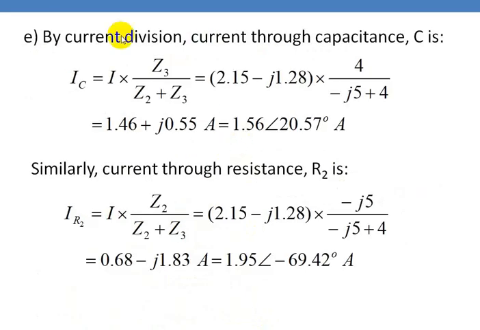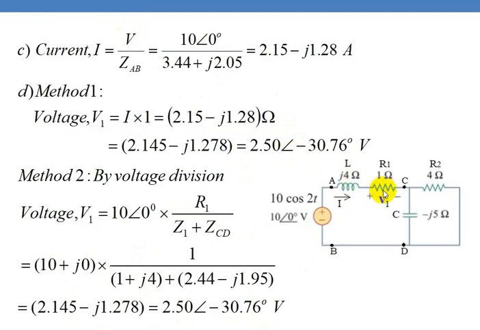Coming to current division, let us find the current through the capacitor and resistance using current division. It's very simple, as you know the total current. If you want to find the current through the capacitance, use the current division formula: the total current multiplied by the opposite branch resistance divided by the sum of this resistance and this reactance.